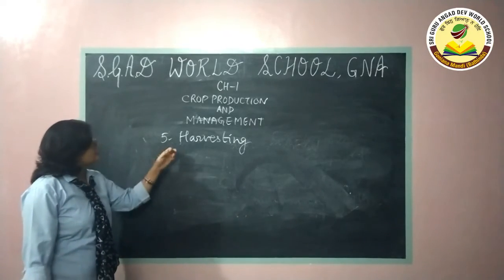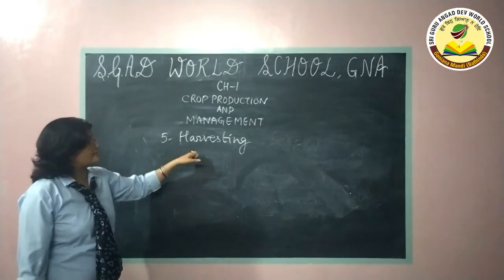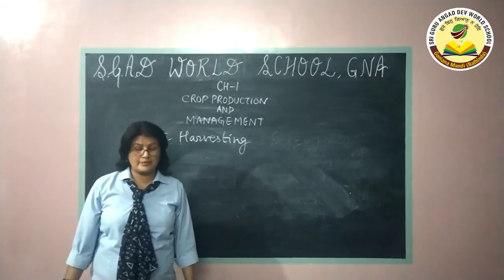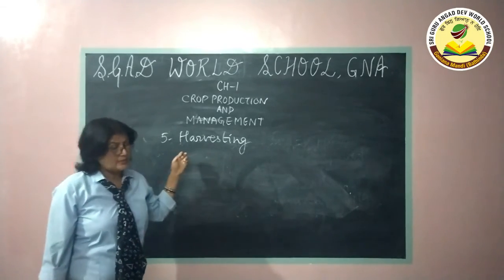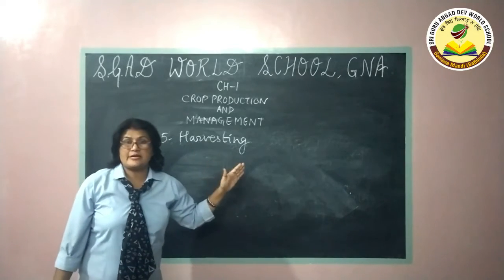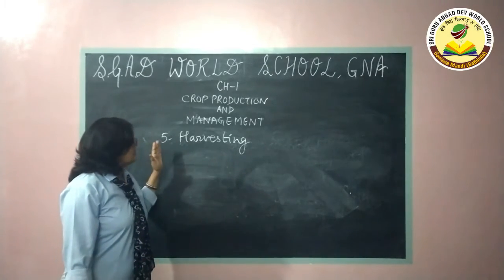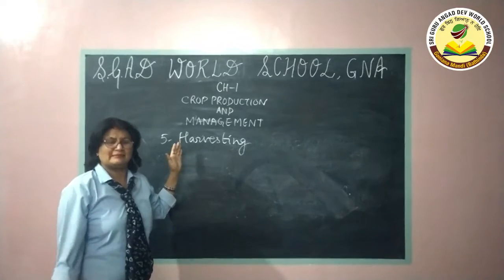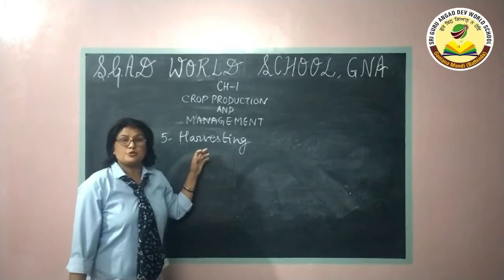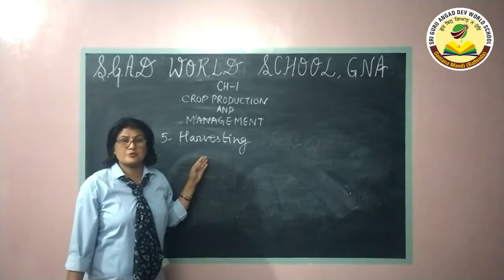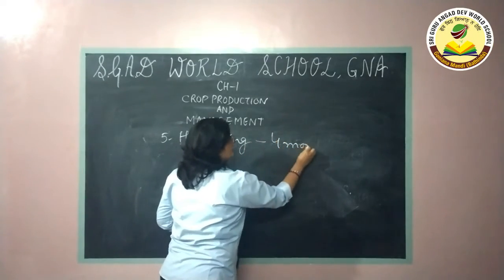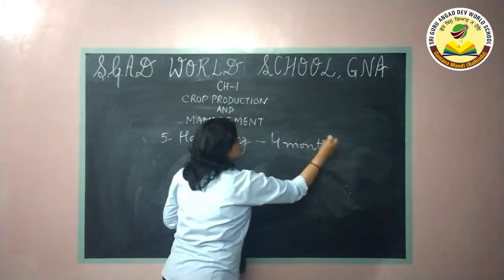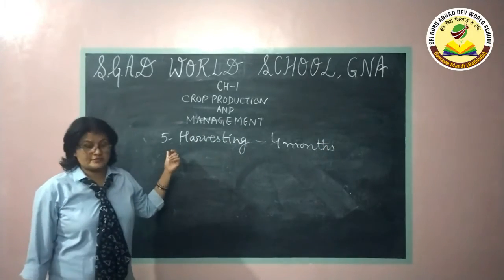Now we will see the next step, that is harvesting. It is the most important part of agricultural practices. When this crop is ready to be taken out from the main cropland, it takes almost 4 months for a crop to be ready for harvesting.